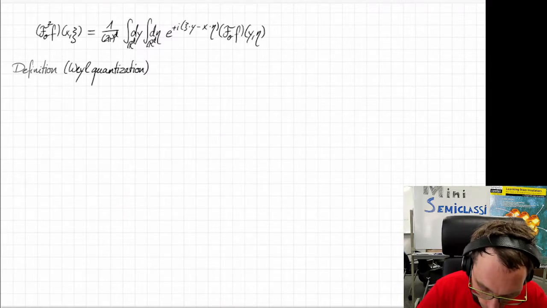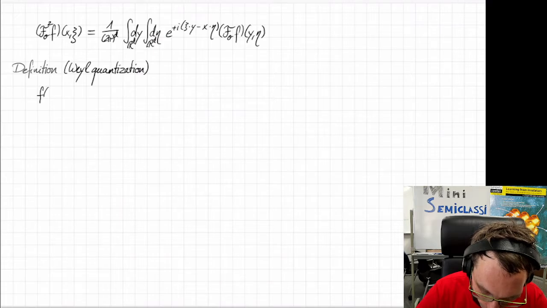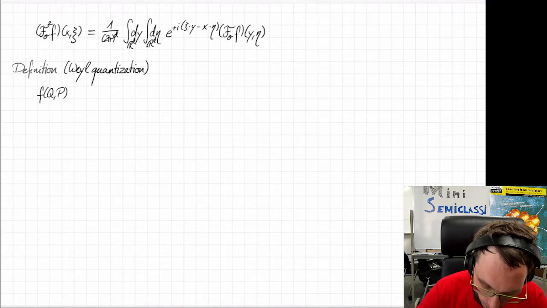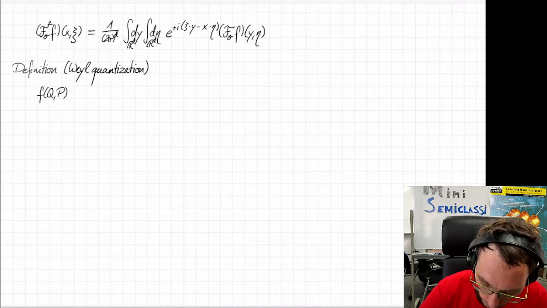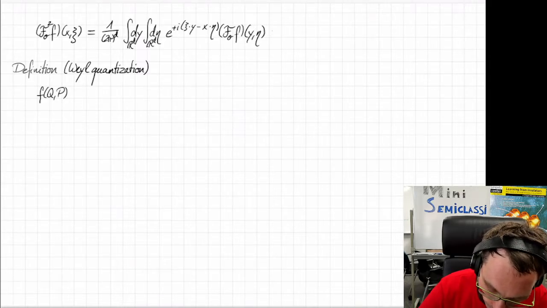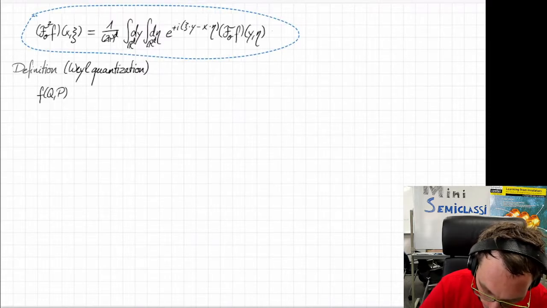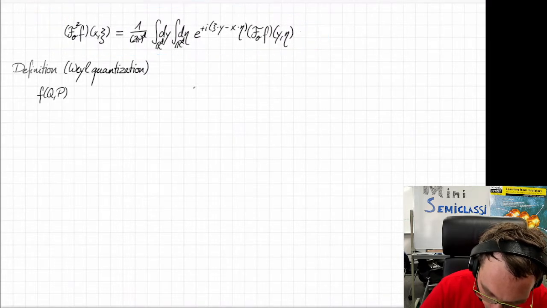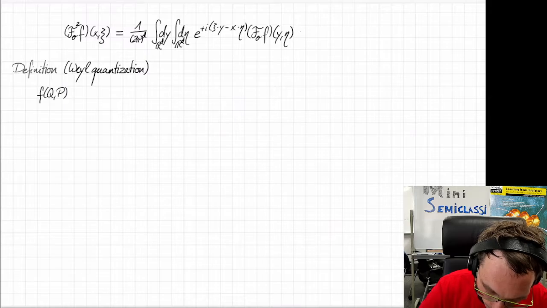So what I'm going to do is, let me also write it in a second way where the analogy becomes more obvious. So this here is of course f of x and xi.